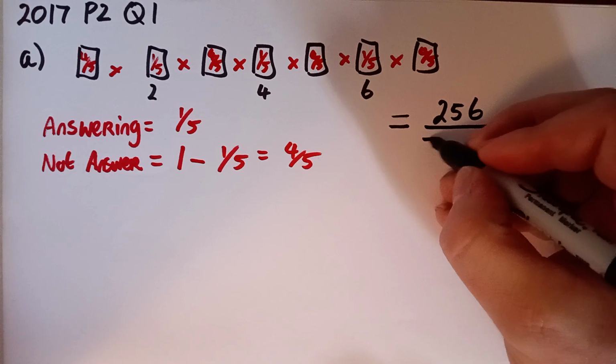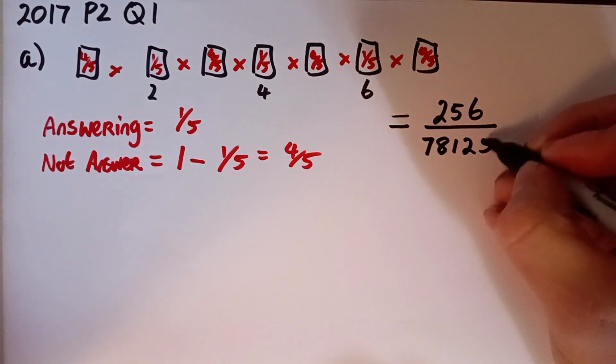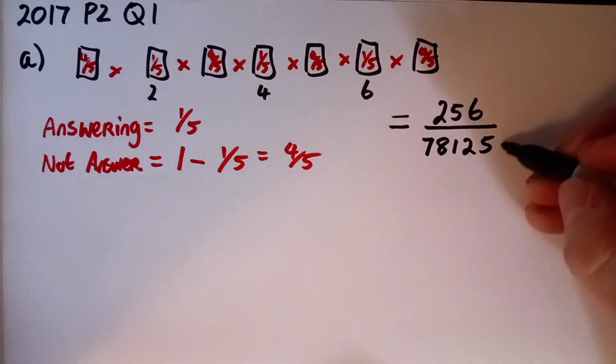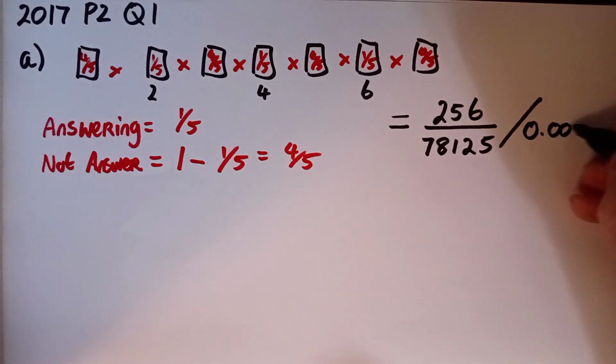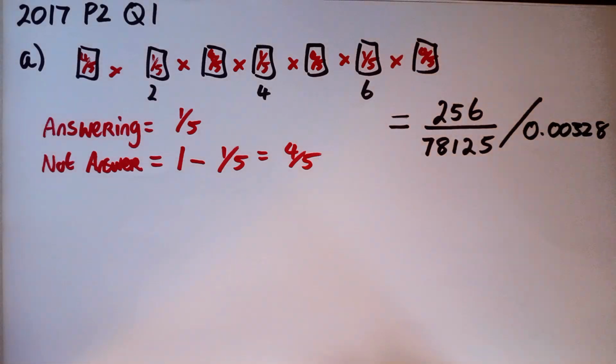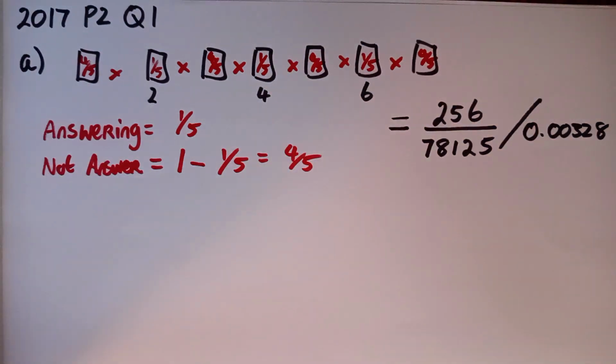So I would give it in rational form. If you really want to write it as a decimal, to the nearest 5 decimal places, I've worked it out to be 0.00328. But I would put down at least both.